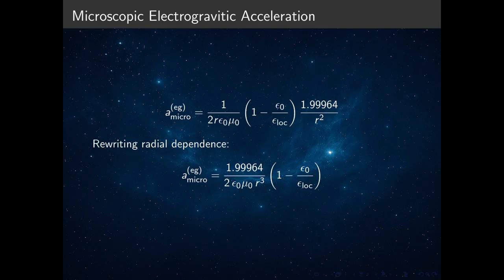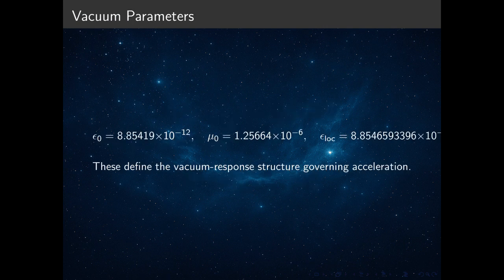Rearranging radial terms, A micro EG equals 1.99964 over 2 epsilon naught mu naught times 1 minus epsilon naught over epsilon local times r cubed.